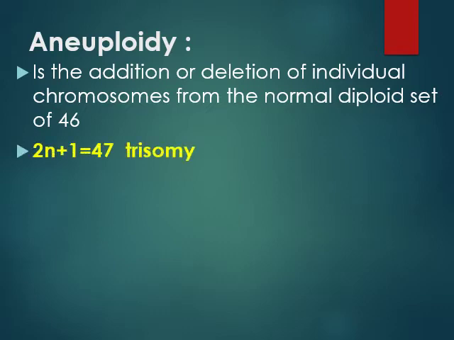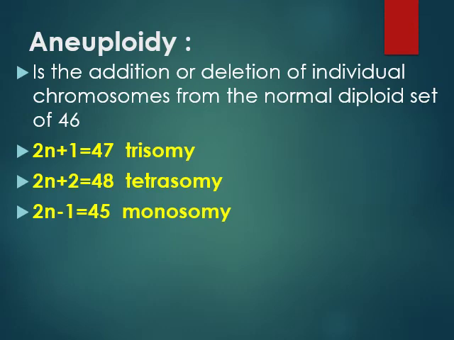There are many types of aneuploidy. Either trisomy, that means 2N plus 1 to form 47 chromosomes, or tetrasomy, 2N plus 2, that means 48 chromosomes.